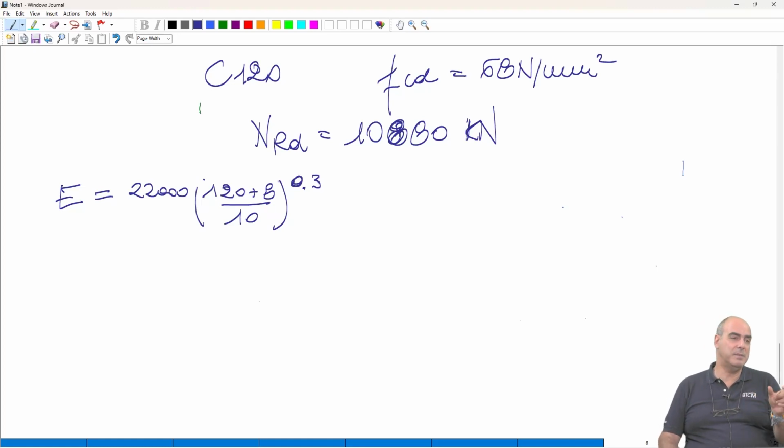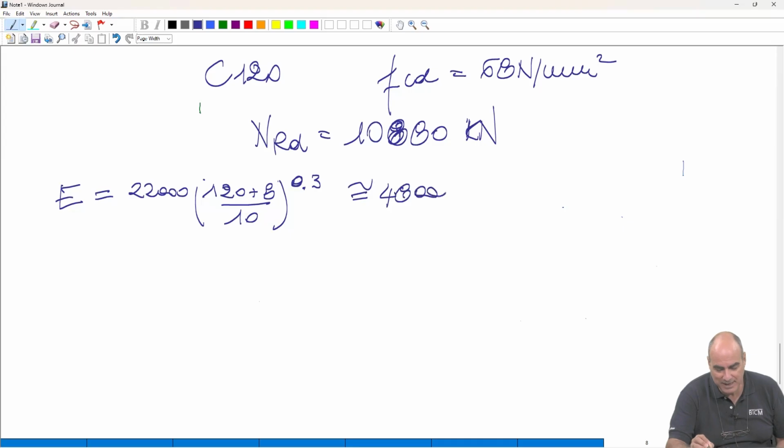Yeah, you can use it because it's narrower, but we keep plus 8. This is from the codes. Okay. So how much is the Young modulus now? Let's say simply 48,000 just for a matter of simplicity.